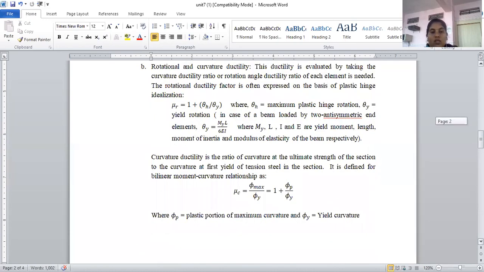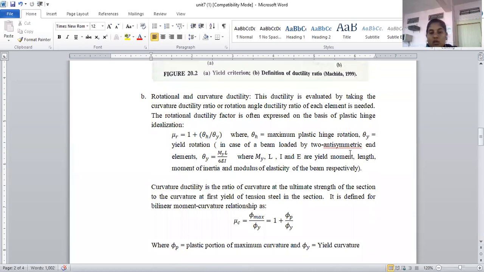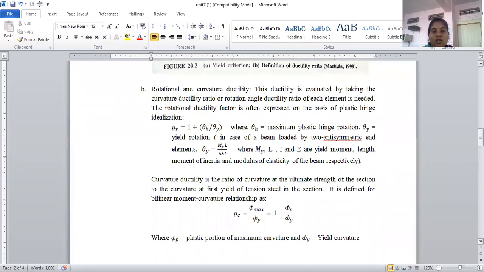Okay, now we'll move towards the rotational and the curvature ductility. Write down this second parameter, that is B, rotational and curvature ductility.